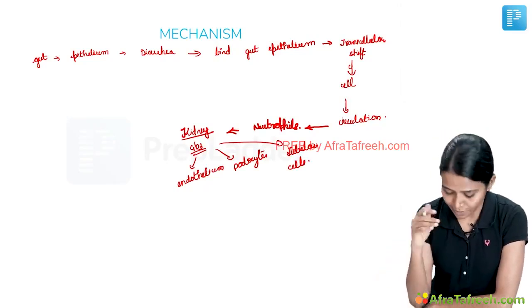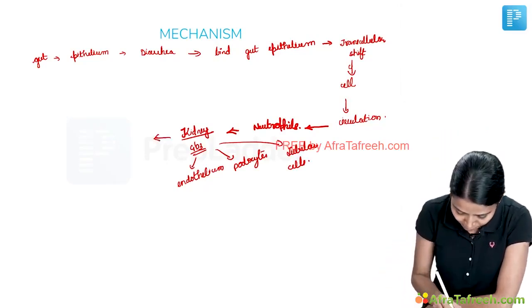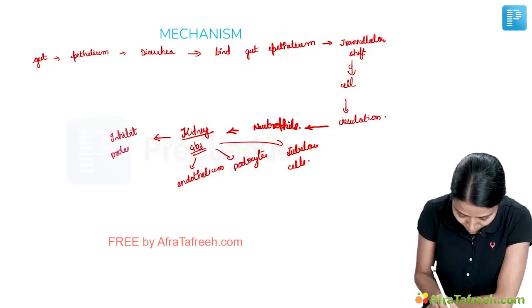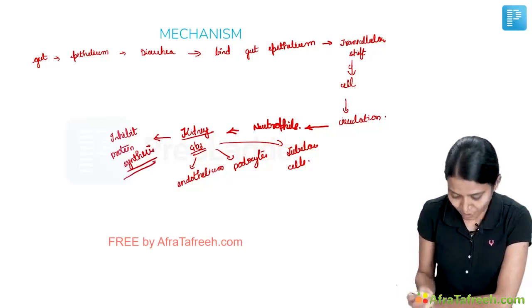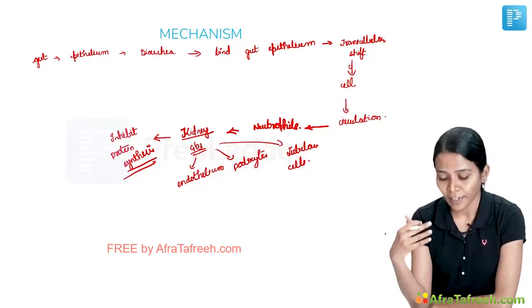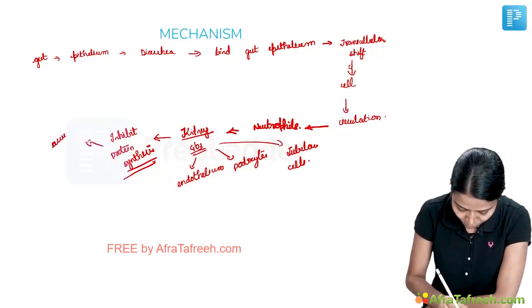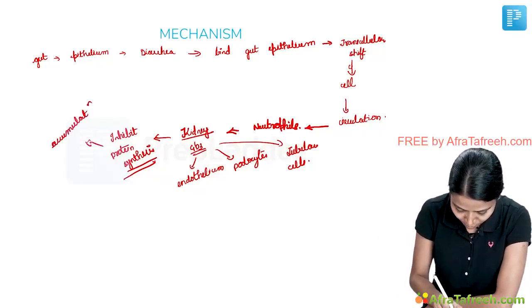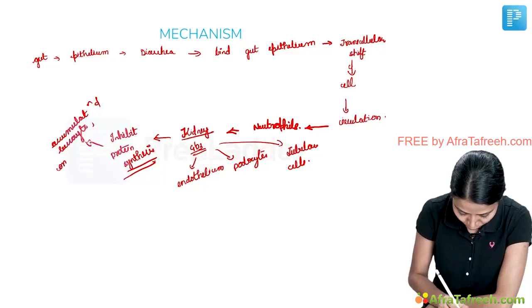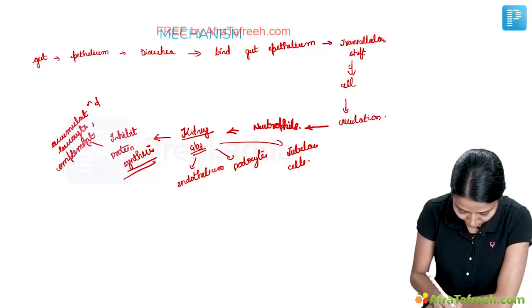So this is what happens once it enters the kidney. It binds to all these three cells, and once it binds to these cells, it is going to inhibit protein synthesis. Okay. It is going to inhibit protein synthesis, and finally there is accumulation of leukocytes, activation of complement and destruction of cells.